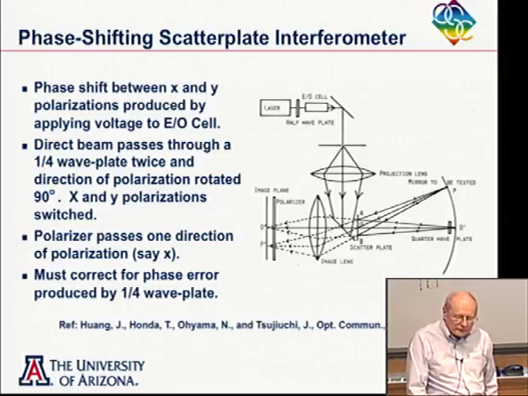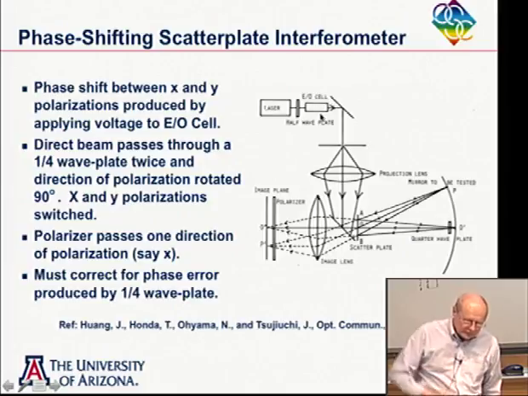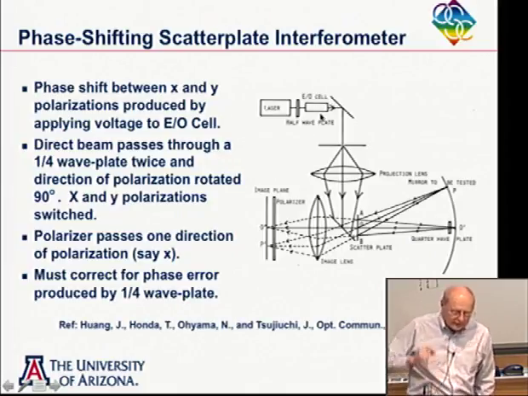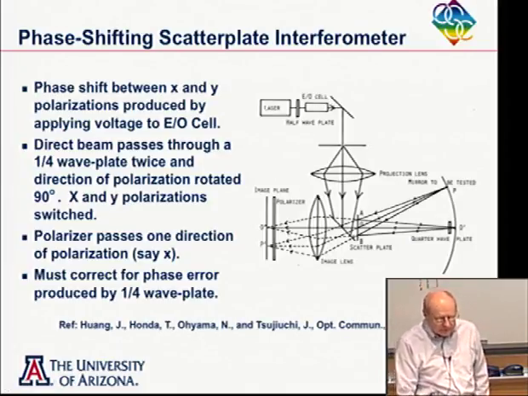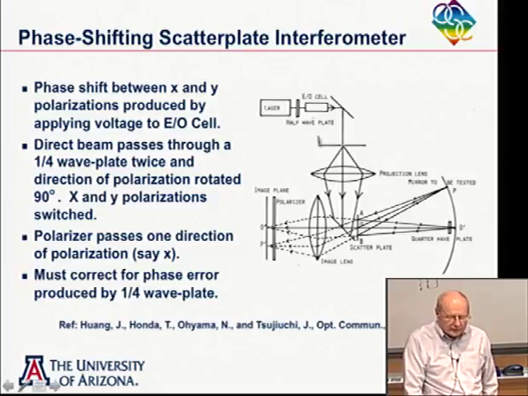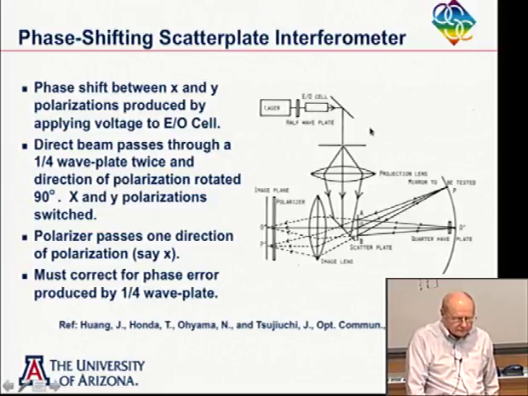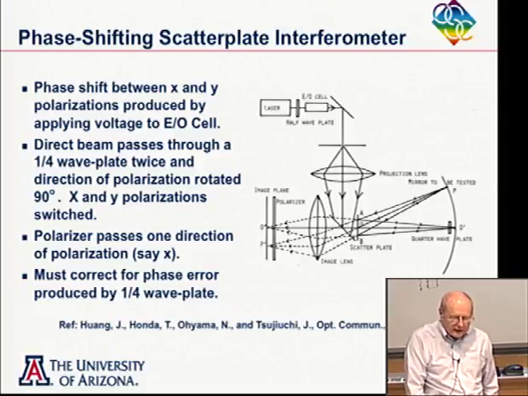what I'm going to do with this little EO cell, so let's say the polarization is at 45 degrees, and I can break that into an X component and a Y component. And with this EO modulator, I can change the difference in the phase between the X and the Y components. So these beams come down here, and we have our scatter plate.